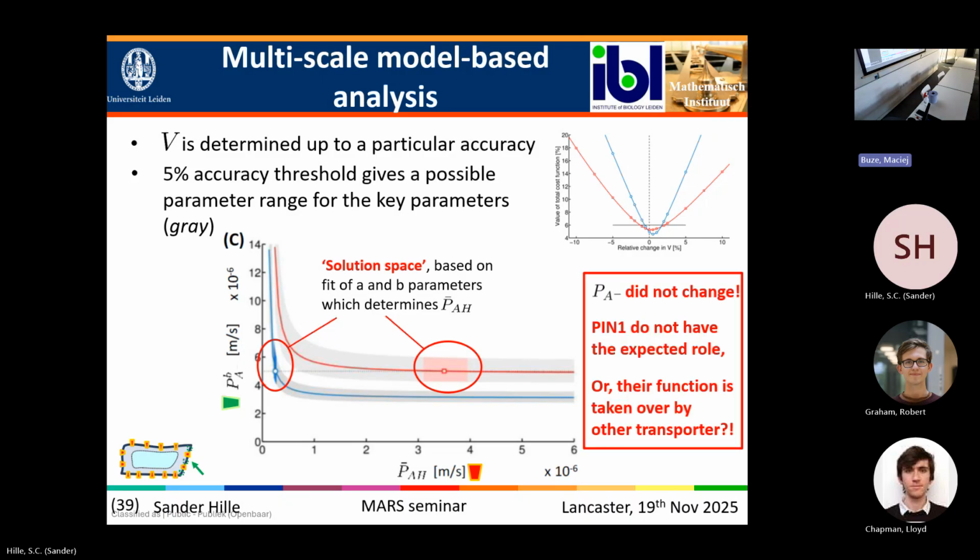And then you can come up with two possible conclusions: that the role of PIN1 in this is not as presented by the chemiosmotic theory, or that their function is taken over by another protein and that they compensate somehow. That will need some further molecular biological research, to see whether you can see these expression levels changing.